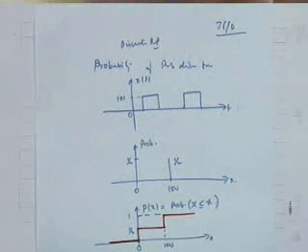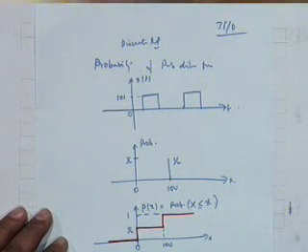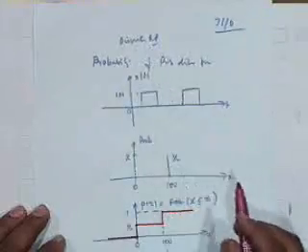Is this okay, or shall I draw it separately? Can you see? Okay. I have taken a specific example to illustrate this concept of probability distribution function and probability density function in the case of a random process, in the case of a discrete random process.